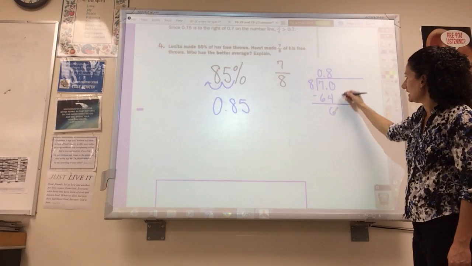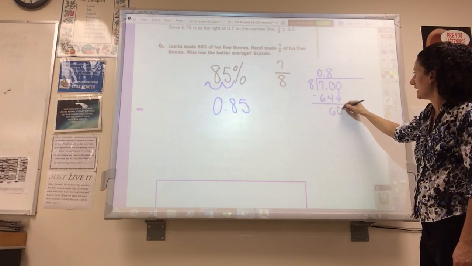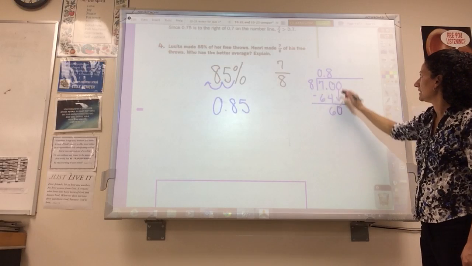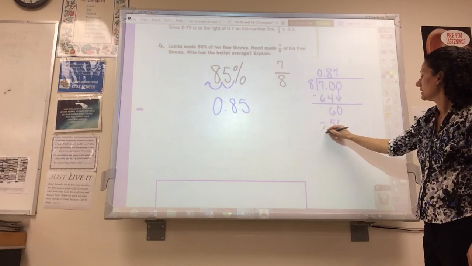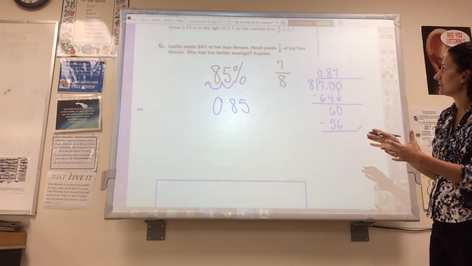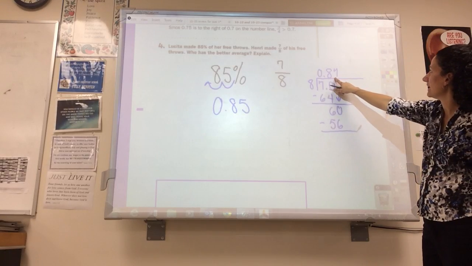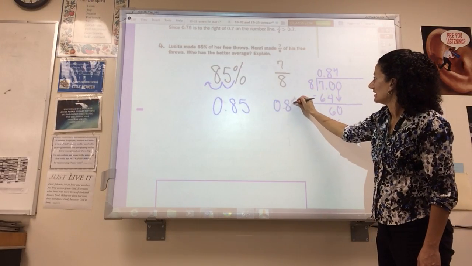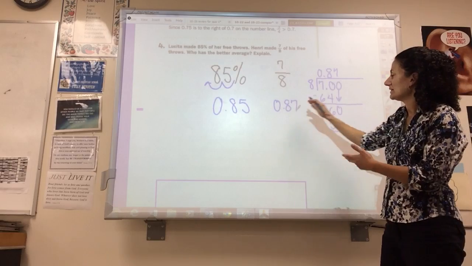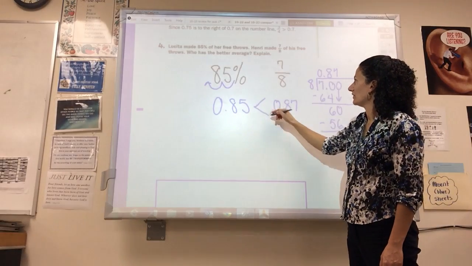Got a remainder of 6. If I add another 0 and bring it down, 8 goes into 60 7 times, because 7 times 8 is 56. And even at this point, if I don't keep going, I can already tell this is going to be bigger. This is 0.87 something, and that's going to be greater than 0.85.